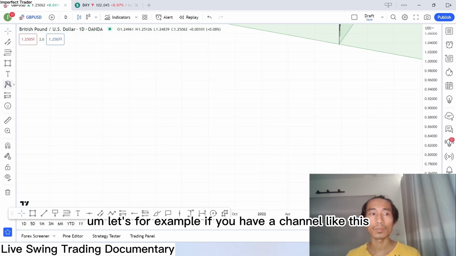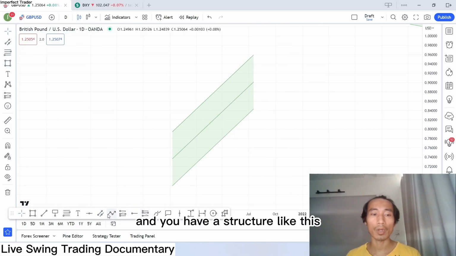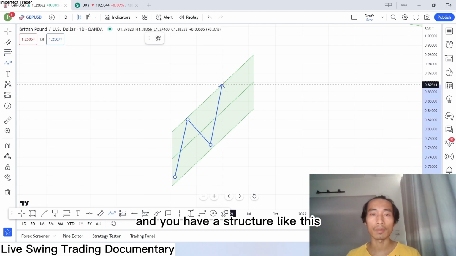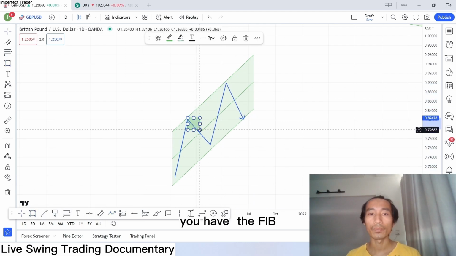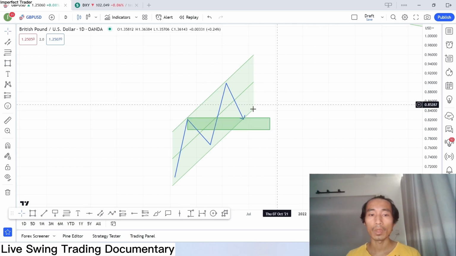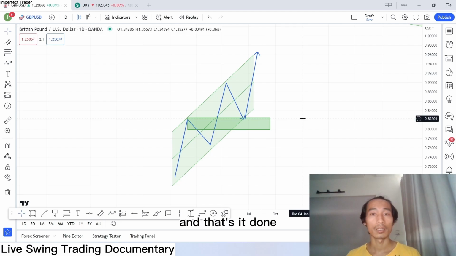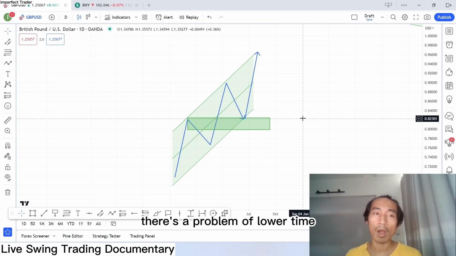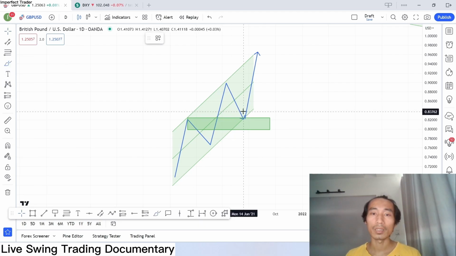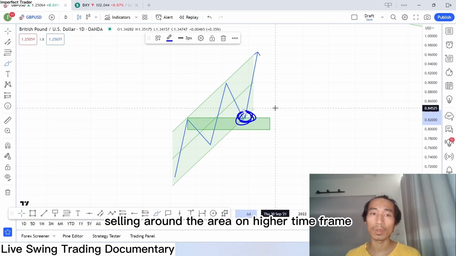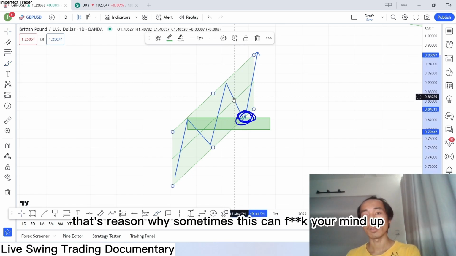For example, if you have a channel like this and a structure like this, when price goes back like this, you have a support level, you buy, you target the next, and that's it, done. But the problem of lower time framing is sometimes you probably have selling around the area on higher time framing without knowing it, and that's the reason why sometimes this can mess up your mind.